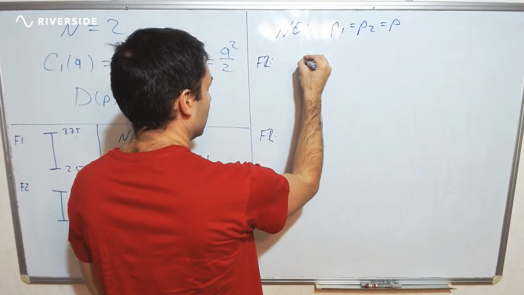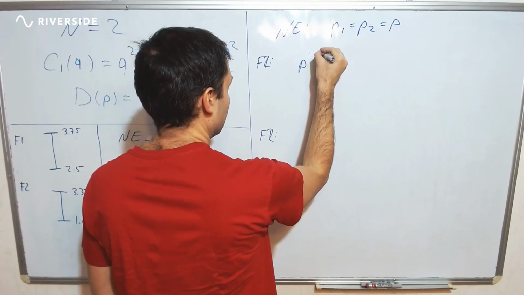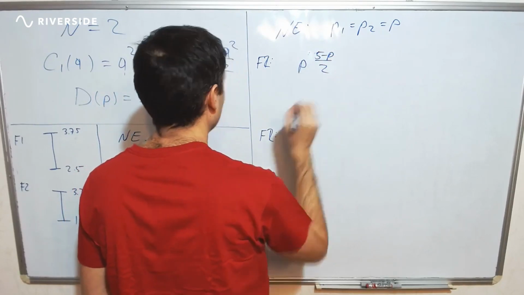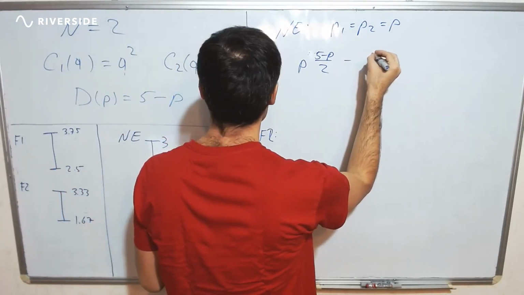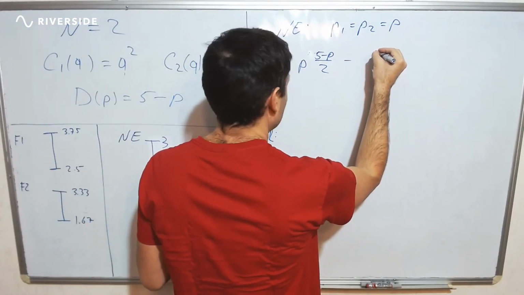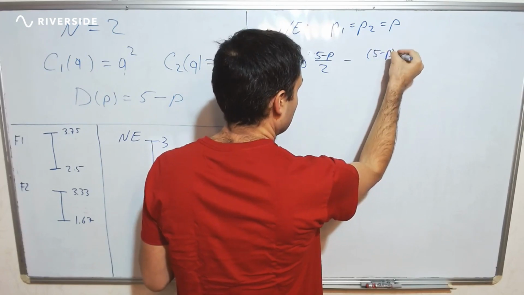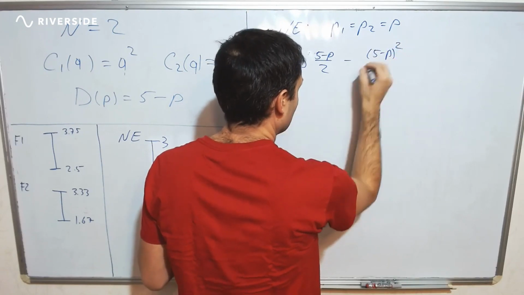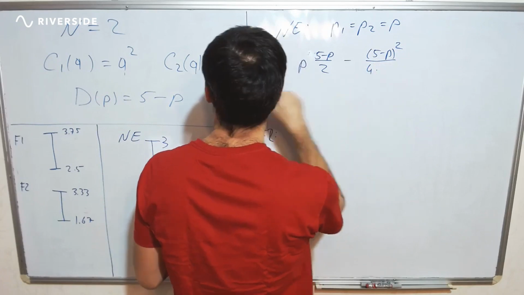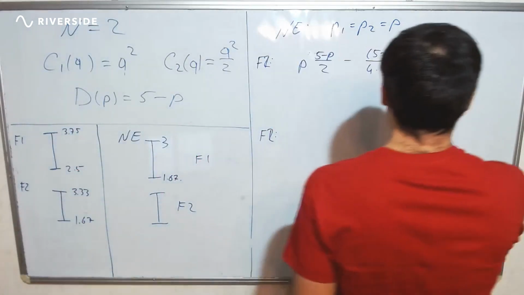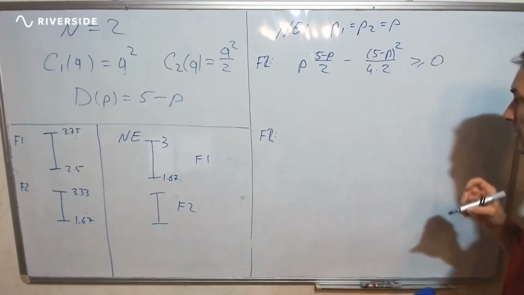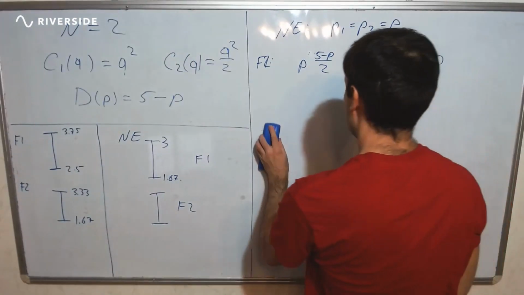So it charges price P, it gets half of the market, and it has to cover its cost. And its costs are (5 minus P) squared over 4, and this 2 is from here. So this thing has to be greater than 0.